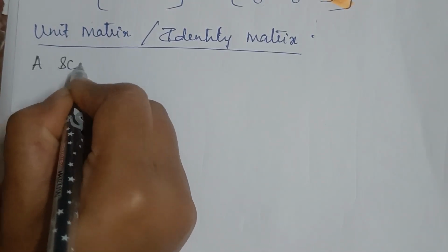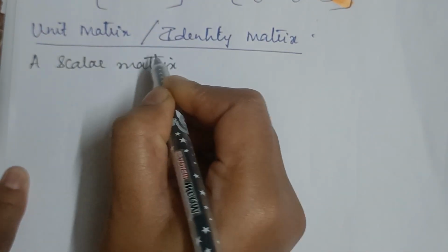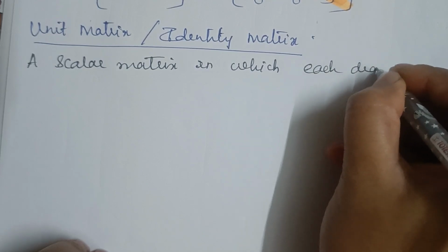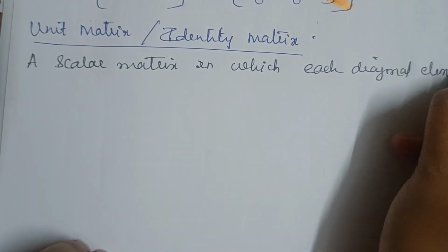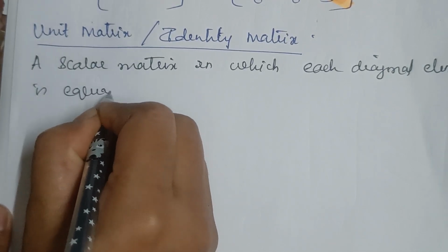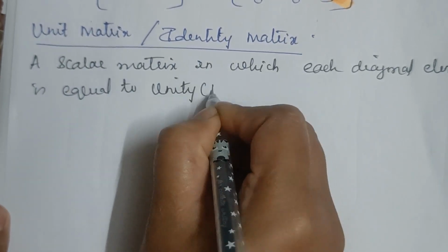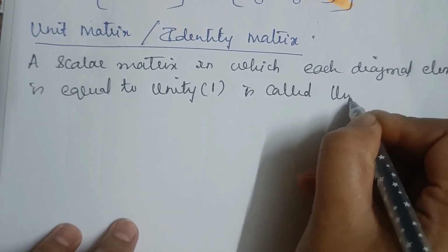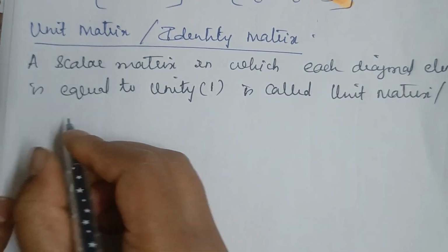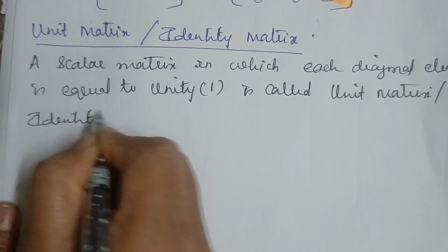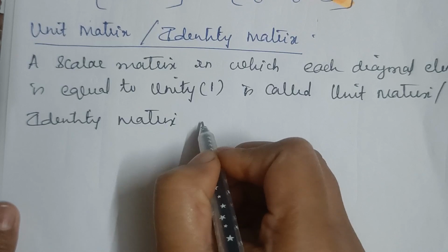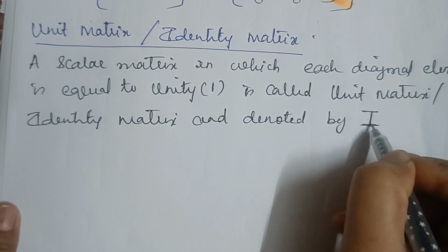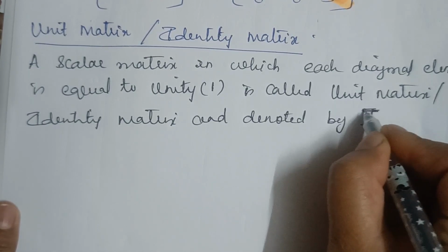A scalar matrix in which each diagonal element is equal to unity, that means 1, is called a unit matrix or identity matrix, and that is denoted by I. This is the notation of the identity matrix.